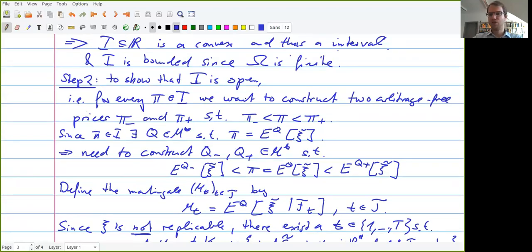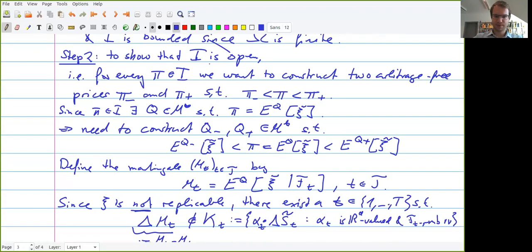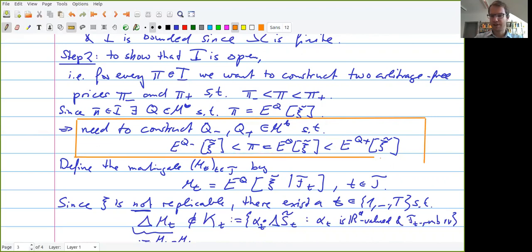So we wanted to construct two equivalent martingale measures which assign the option a strictly smaller price and a strictly bigger price.